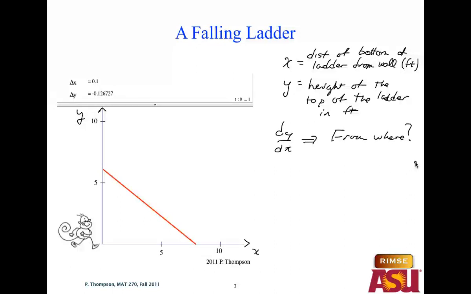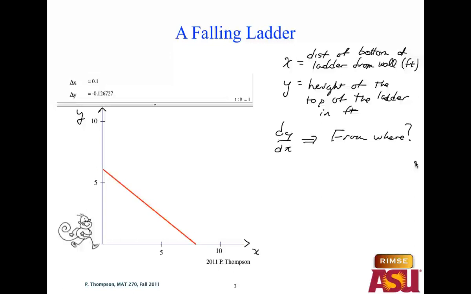How are we going to get that? Where's that going to come from? What do you need to find the rate of change in y with respect to x? Either an x point and a y point, or one defined.